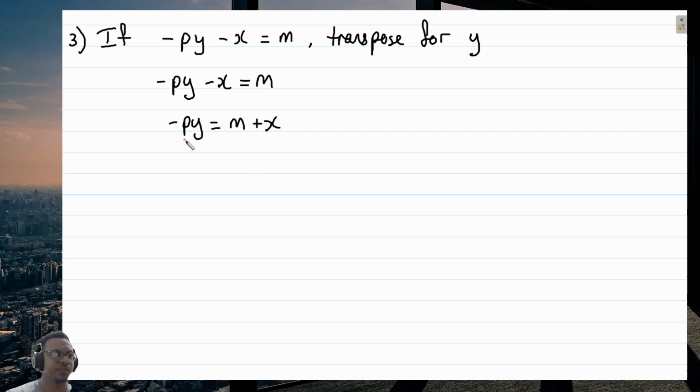Now the operation between the negative p and the y is multiplication. So when this negative p goes across the equal sign, the operation will change to division and will go underneath the m plus x. Now the sign in front of the p would not change because what is happening here is the operation changing from multiplication to division. So you'll get y is equal to m plus x divided by negative p, and that would be your answer.